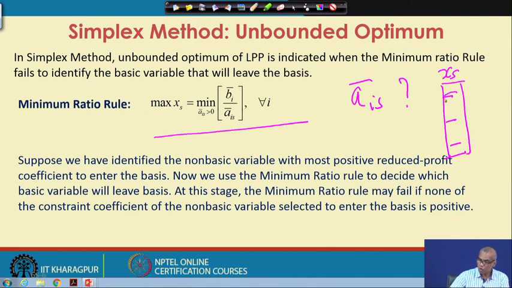Now, if all these constant coefficients are negative, then I cannot evaluate this ratio, because ais bar has to be greater than 0. So, the minimum ratio rule fails when all the constant coefficients of the non-basic variable selected to enter the basis are negative.